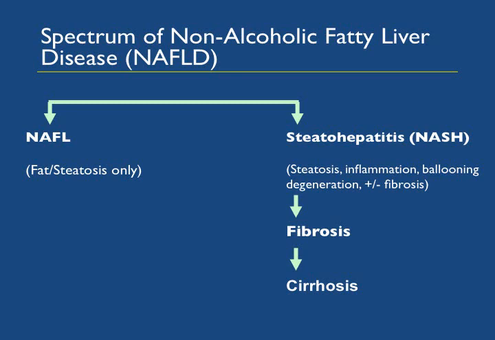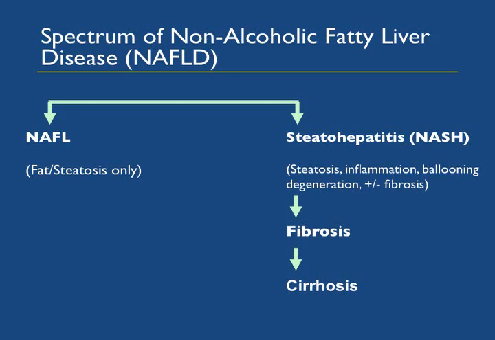On the right, we see steatohepatitis, and these are the patients we refer to as having NASH, or non-alcoholic steatohepatitis. These patients, in addition to having steatosis, also have inflammation, ballooning of the hepatocytes, and variable degrees of fibrosis.